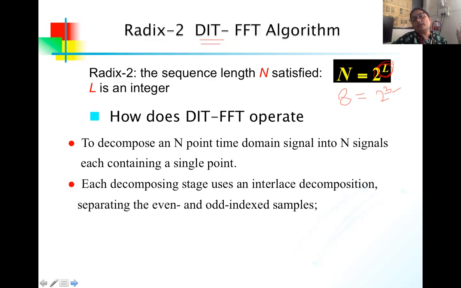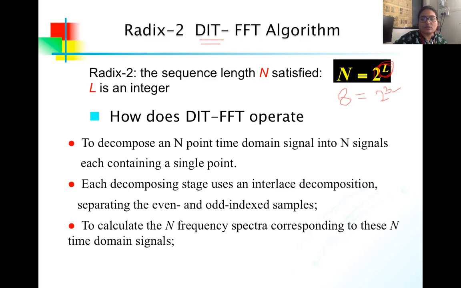So for separating the entire N-point sequence up to a single point, it will require 3-stage computation. In each stage, we decompose the sequence into 2 different sequences: the first consists of even values and the second of odd indexed samples.